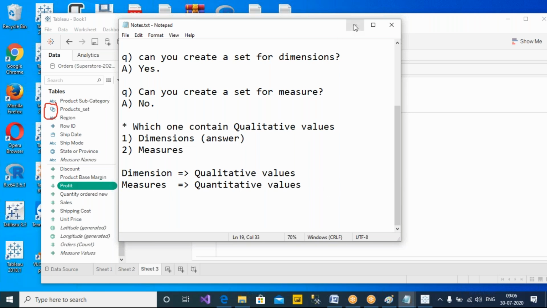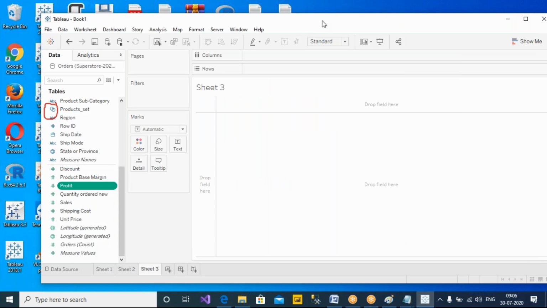All right, let's come back to where we were. We cannot create a set for measures. We can only create a set for dimensions. That's one thing I wanted to include.